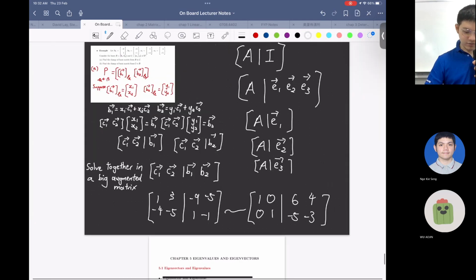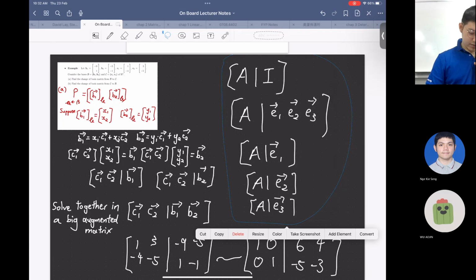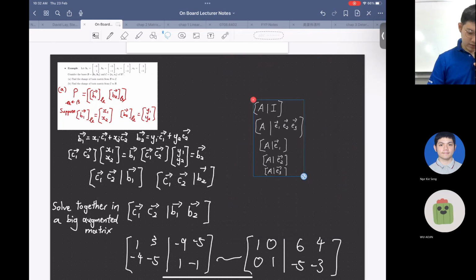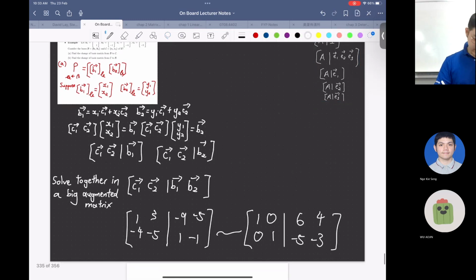So how do you read this result here? Let me make this smaller. This means that x1 equals 6, x2 equals -5, y1 equals 4, y2 equals -3.